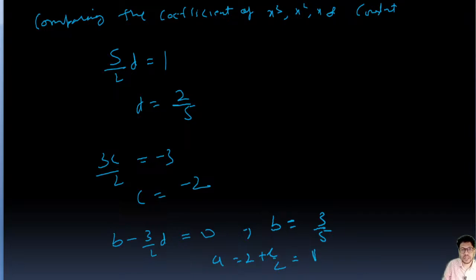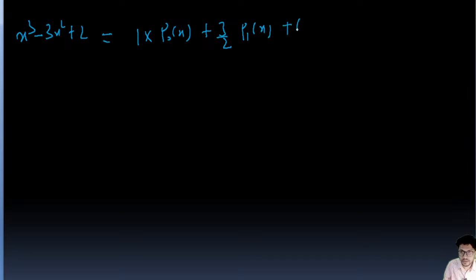Okay, so we have got these values, very simple calculation, you can do it. Now we'll put the values. So the required equation is going to be x cube equal to p0x plus 3 by 2 p1x minus 2 p2x plus 2 by 3 p3x.